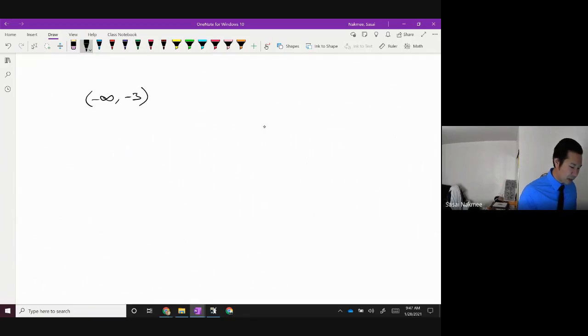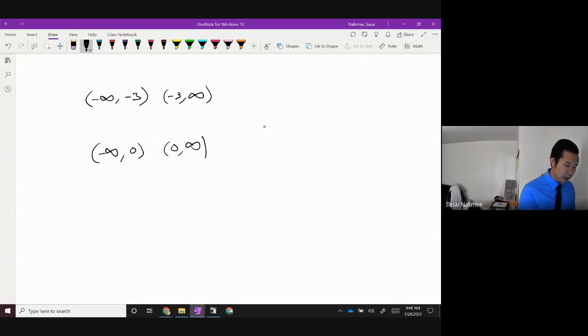And then it went from negative 3 to positive infinity, right? And then I had another point down here that went from negative infinity to 0, right? And then down here it goes from 0 to infinity. Would you guys be okay with this?